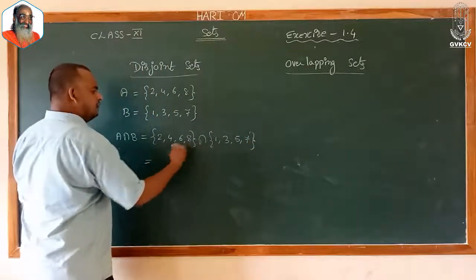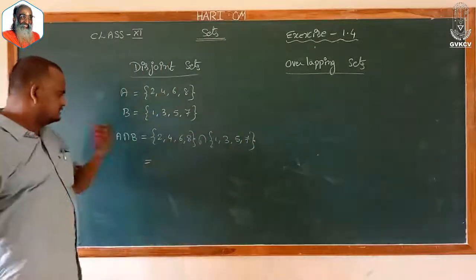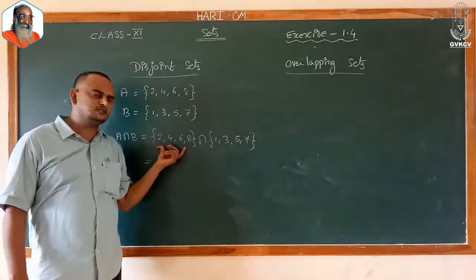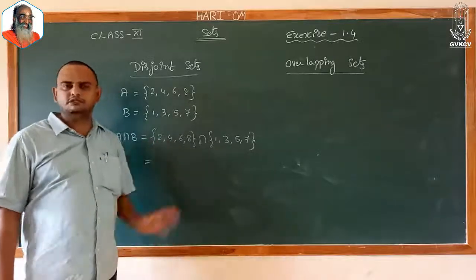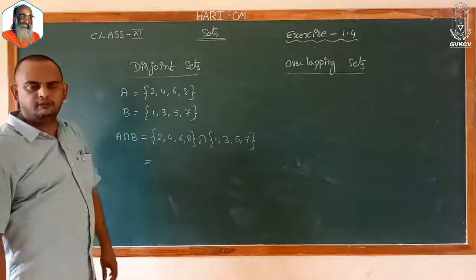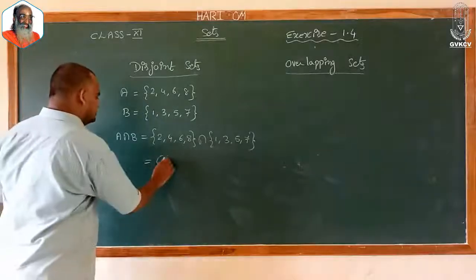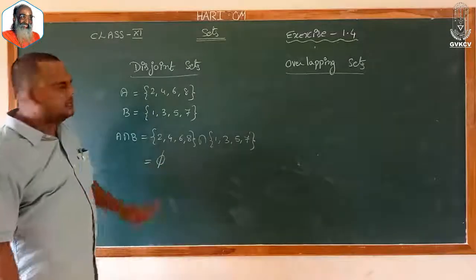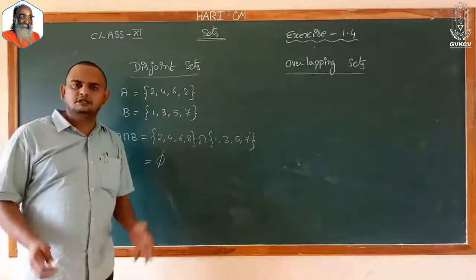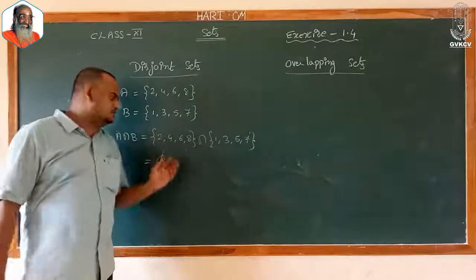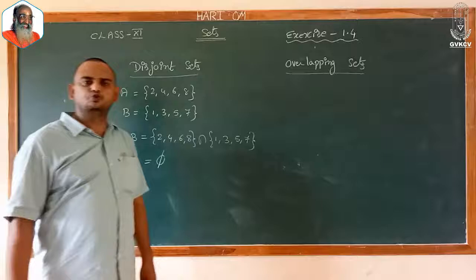When we find the common element between these two, set A has all even numbers, set B has all odd numbers. There is no common element between these two. Now what is your answer? Disjoint means there is no common element between these two sets.